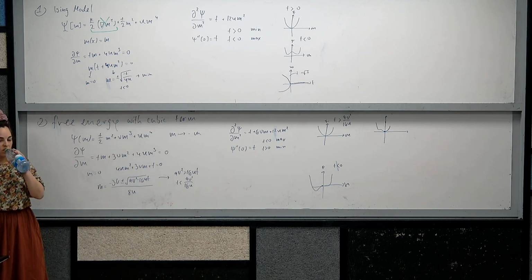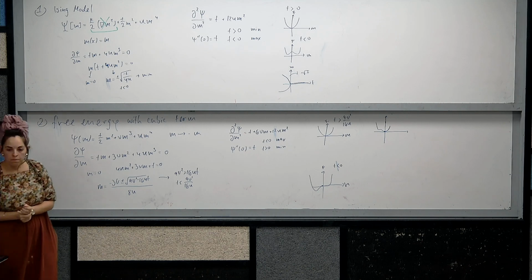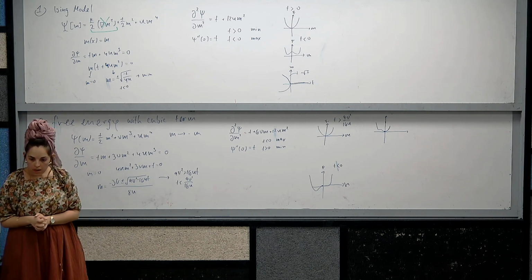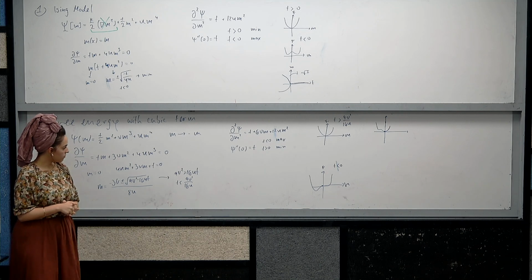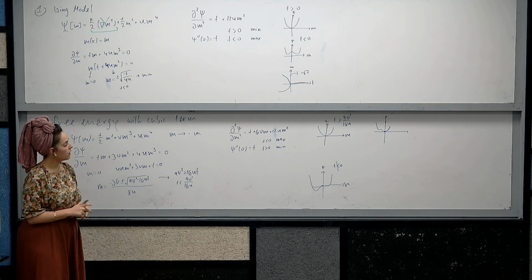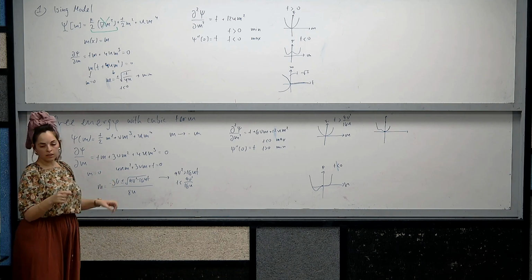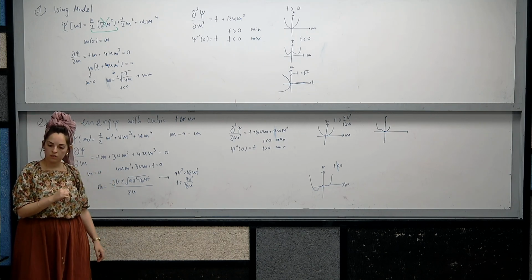Do you have any questions? I'm not really interested in exactly which points are the minima, but how many minima we have. You mean that I didn't show the actual value of m?